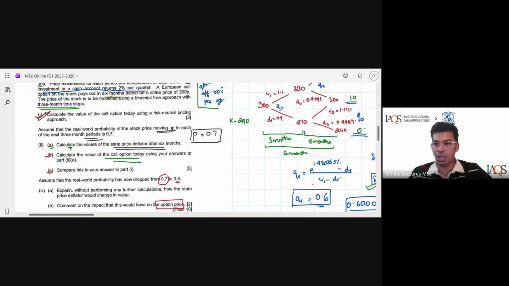May it be risk neutral, may it be state price deflator, the answer is coming out approximately the same. That is what your answer will be to part C.